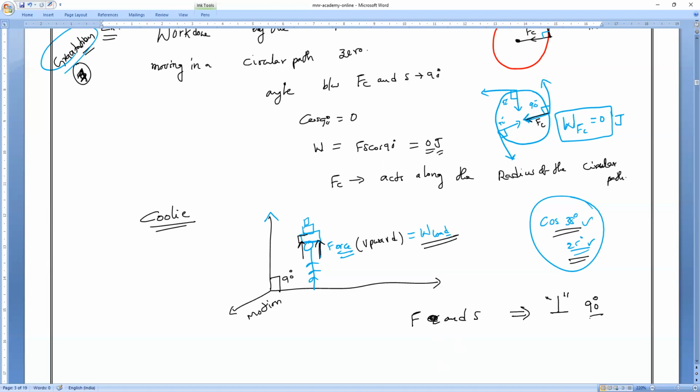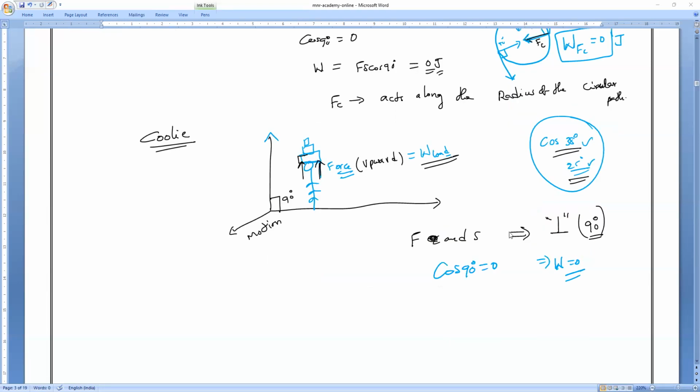The angle between them is 90 degrees. So 90 degrees means work done is equal to what? 0, because cos 90 is equal to 0. So work done is equal to 0. Understand, Shivani? Kavya? Alfin? Yes, sir.